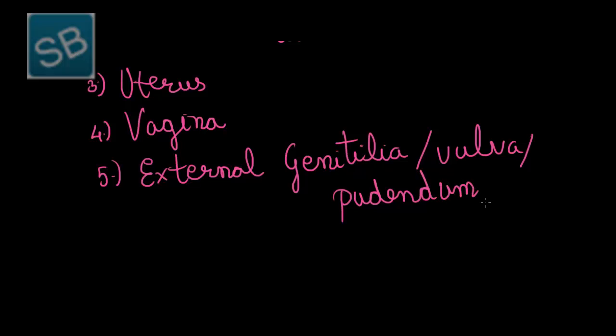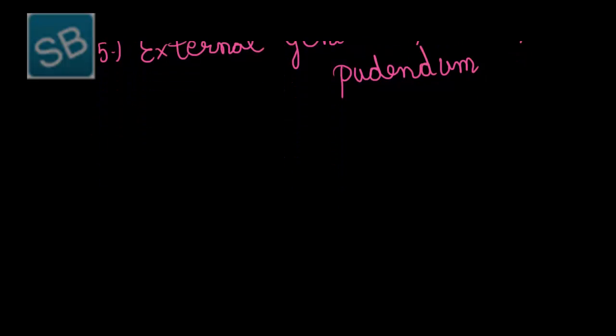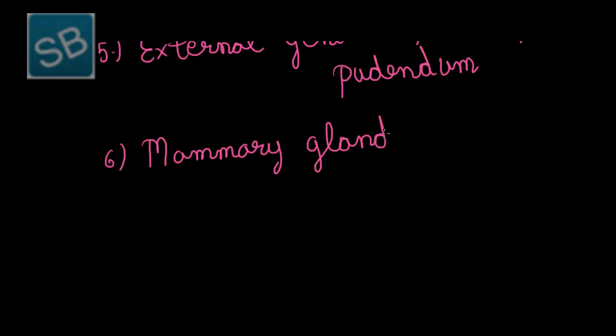These are considered the main reproductive parts of the female. Apart from that, there is another reproductive part known as the mammary gland, but it is considered an accessory reproductive gland.